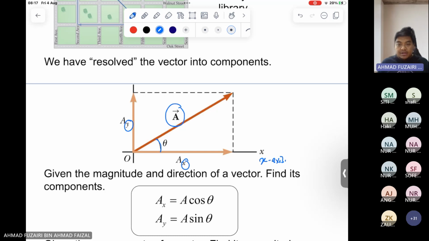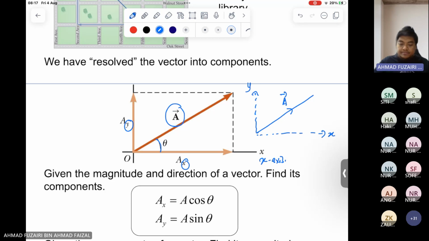Okay, so if we are using a simple trigonometric function, how to get something from here? If this is vector A, let's say we don't know the components of both. We just know this one is x and this one is y.